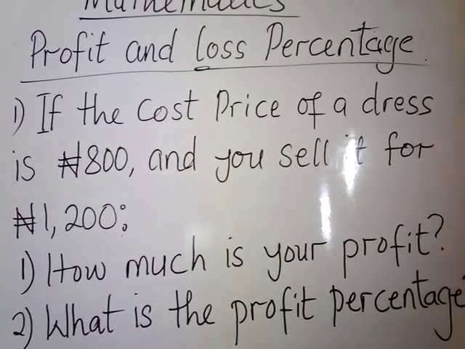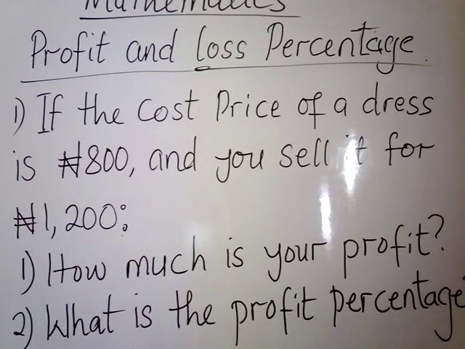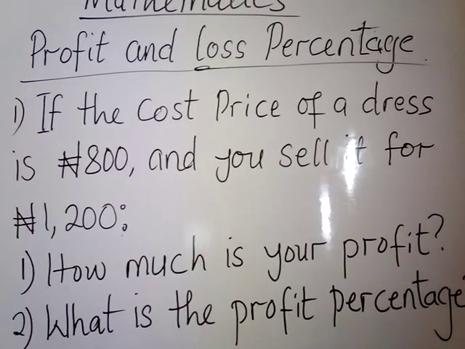Now to quickly refresh our memory, when you talk of profit, profit means the extra money you get when you have sold something for more than the amount with which you bought it. You buy something and then you sell it at a bigger amount. That extra money you get is your profit.